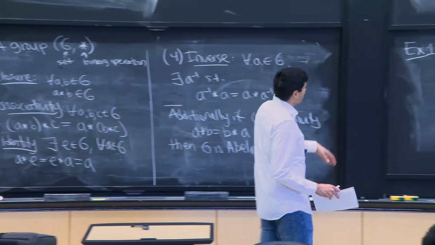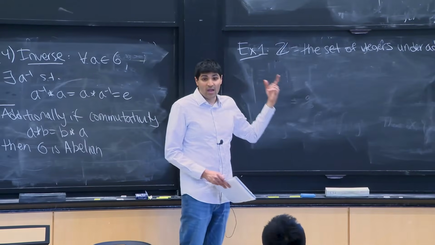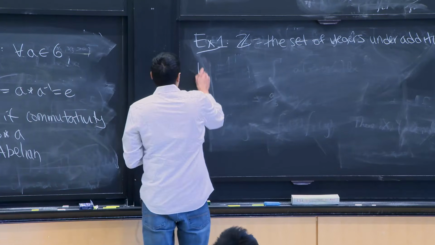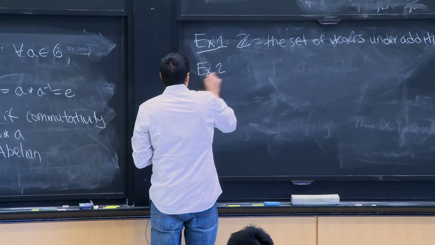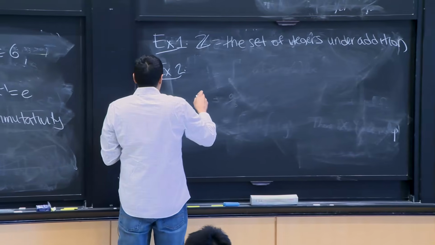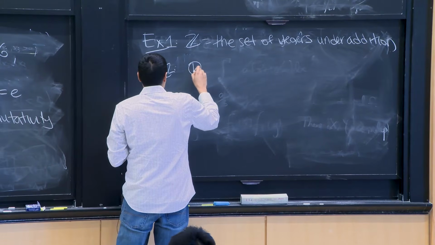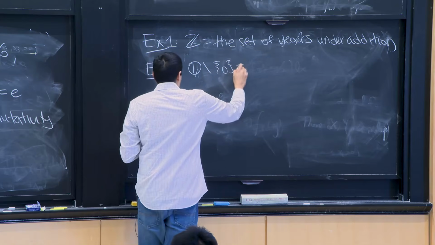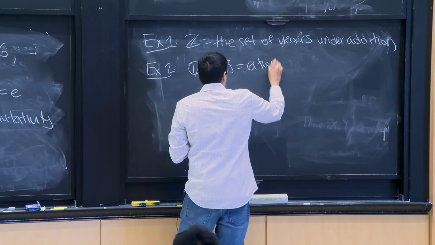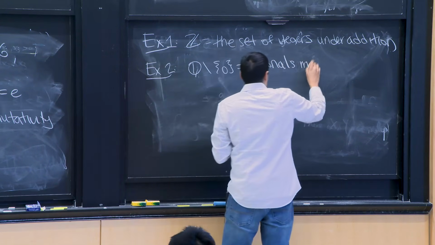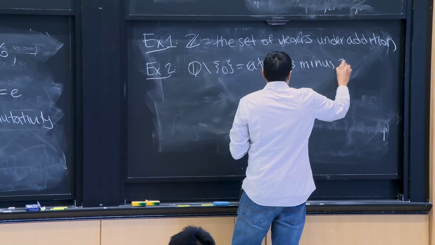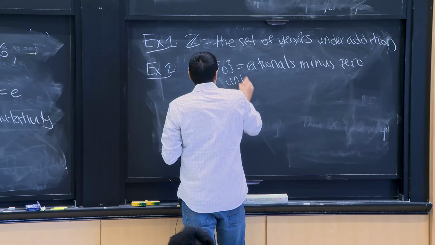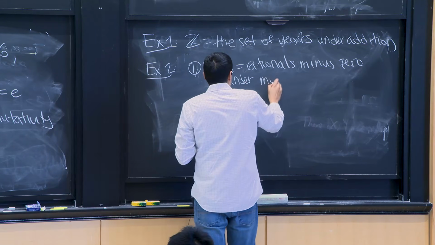So it's not just about the set, but it's about how the set behaves under the binary operation I've chosen. We can do another example with multiplication. We can take the set of rationals minus 0, and we can take our operation to be multiplication.